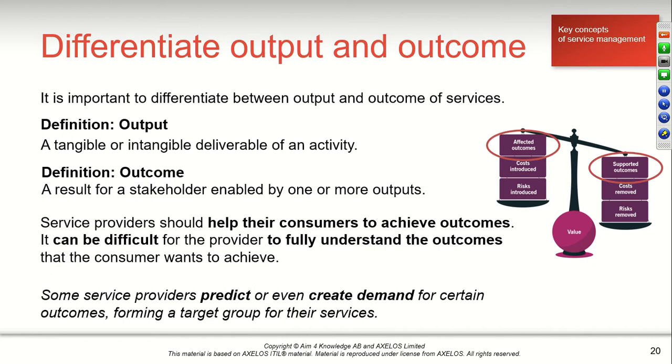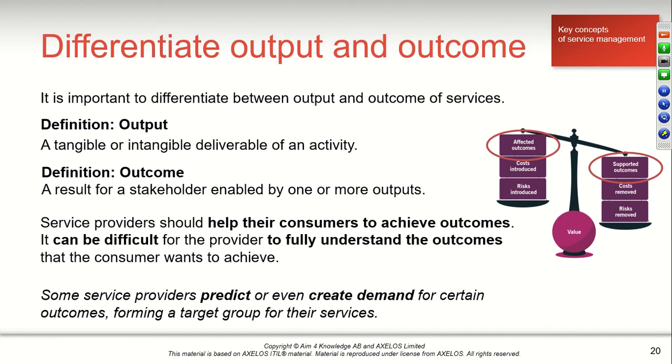It could be tangible, like a laptop that is being cloned with all the required software. It could be intangible, like an email service. Email service is not tangible, but that is an example of output, a tangible or intangible deliverable of an activity, which refers to activity delivered from the provider end.